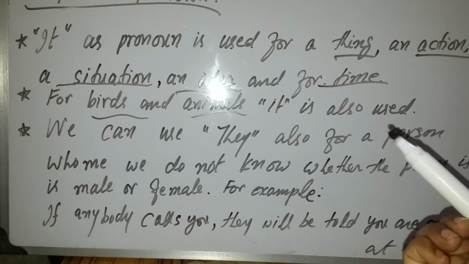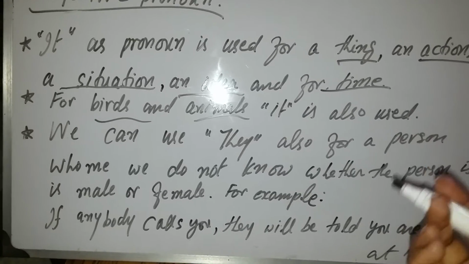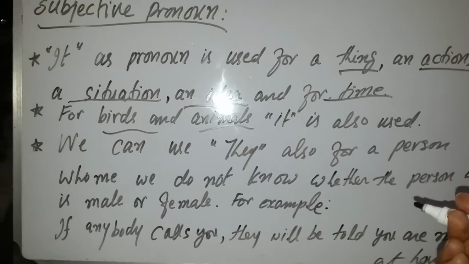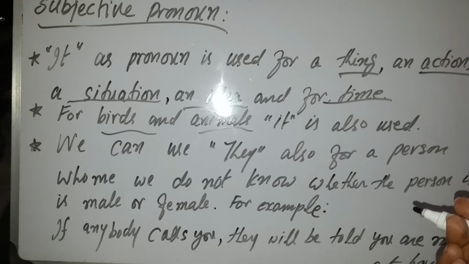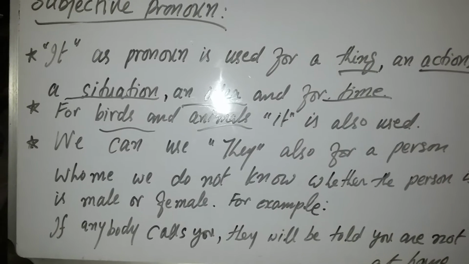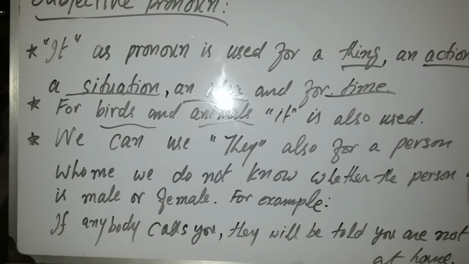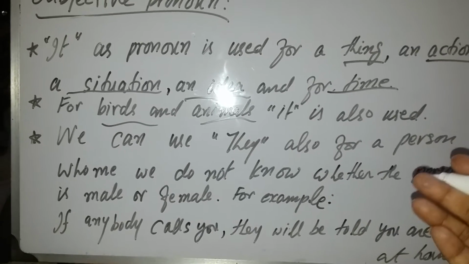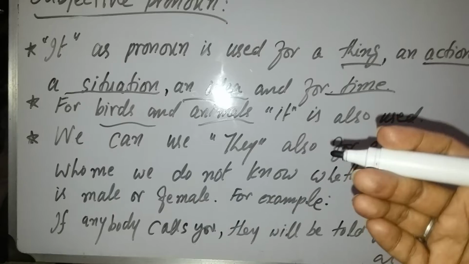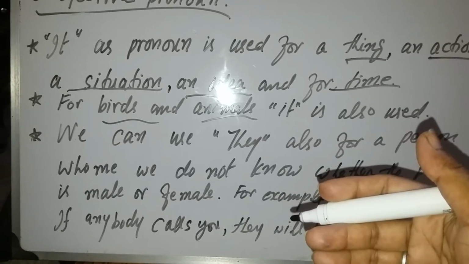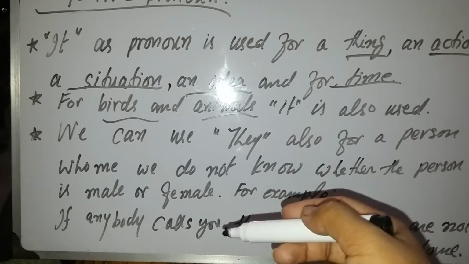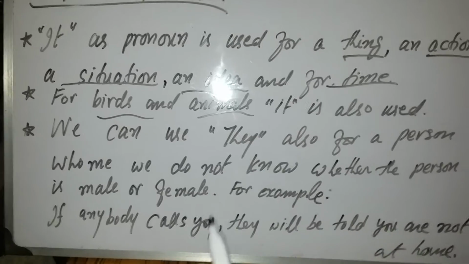For example, if I say they will take their examination, they means students are preparing themselves for examination. They will take their examination tomorrow. So I have used they as a subjective pronoun.